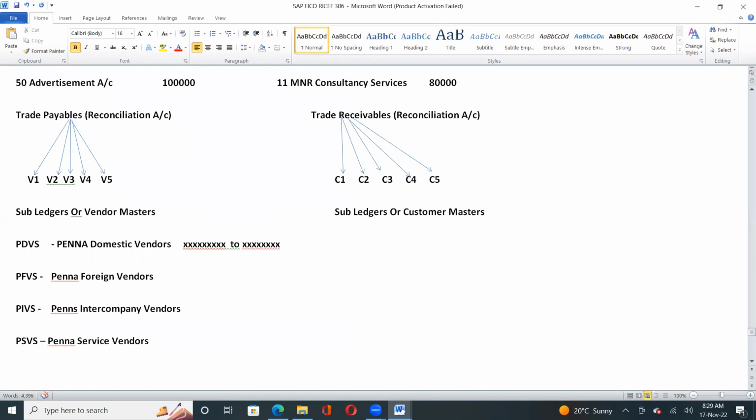Next, one-time vendors. Penna one-time vendors.